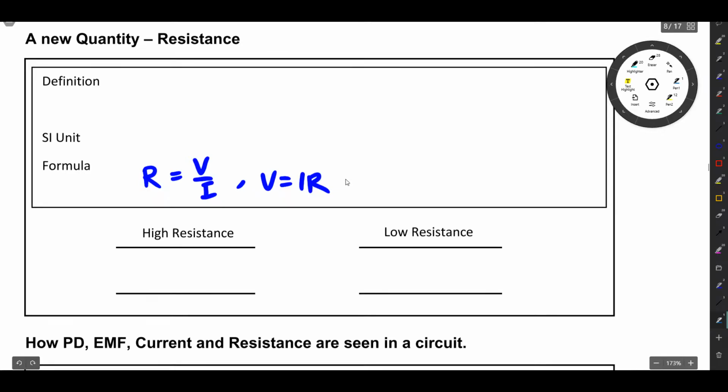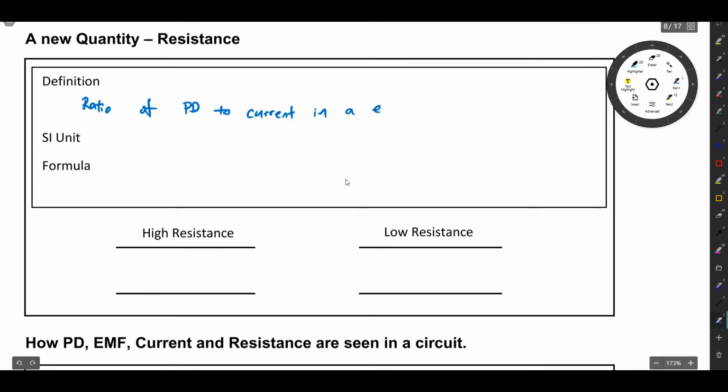Let's move on to the next part, which is resistance. Now the idea of resistance, the definition, is actually the ratio of PD to current in an electrical component.